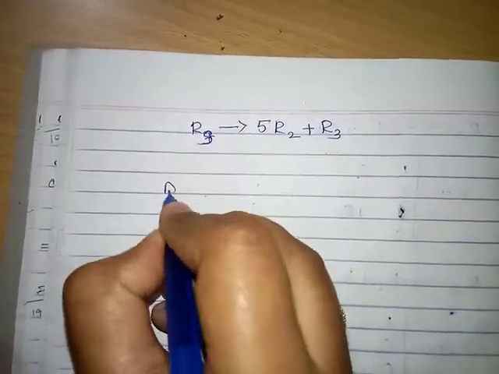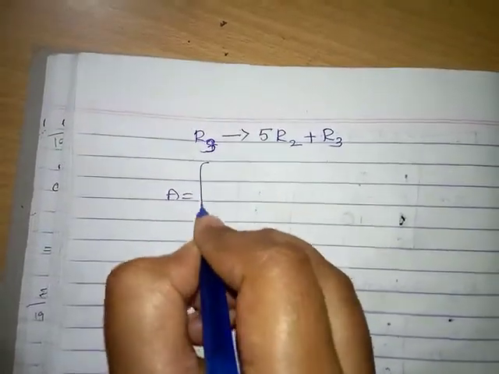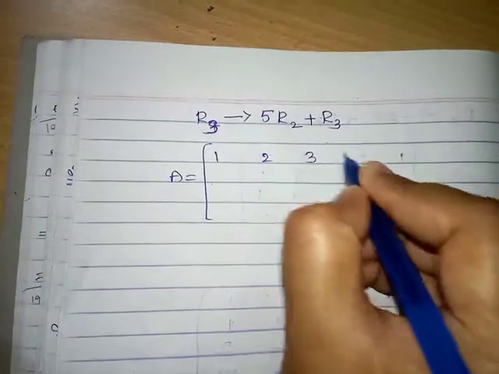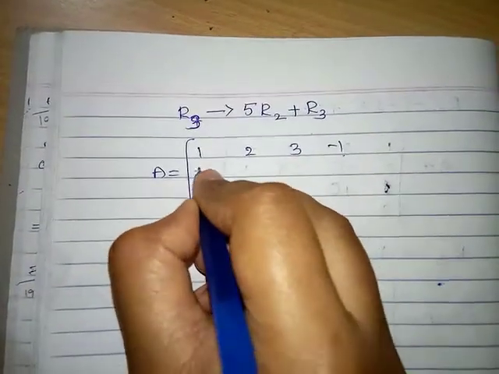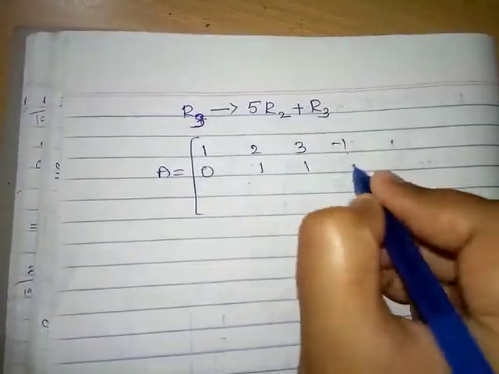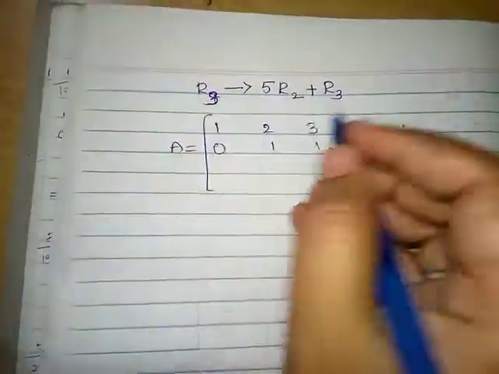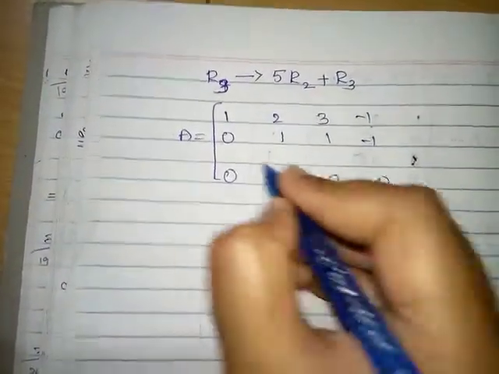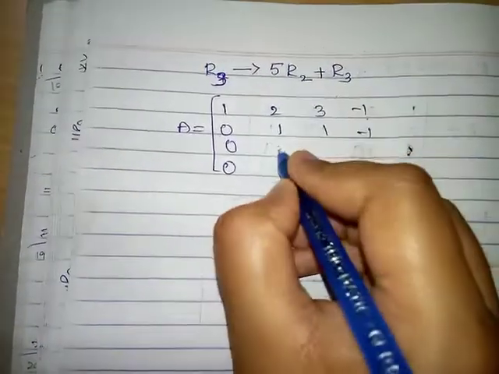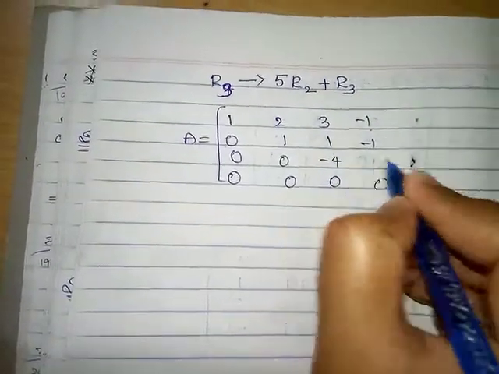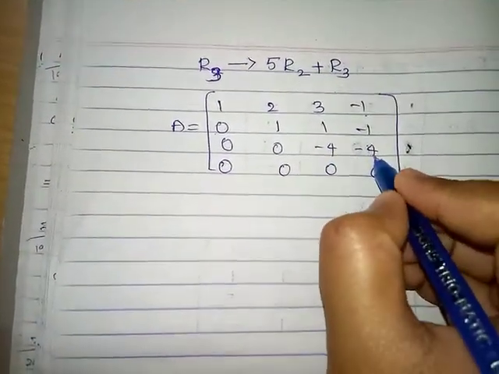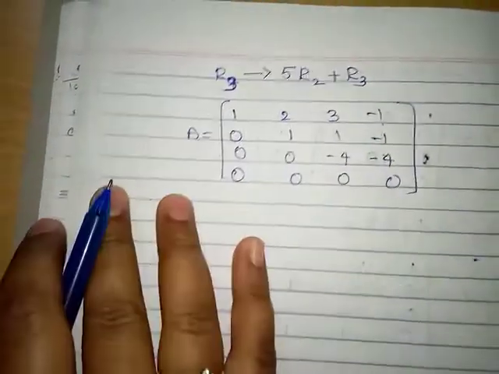Then after the transformation, the matrix is 1 2 3 minus 1. First row as it is, second row is also as it is. We are changing only the third row, and the fourth row is as it is, since it is a 0 row. Next it is 0 0 minus 4 minus 4. When we apply this transformation, we get the third element as minus 4 and the fourth element is also minus 4.